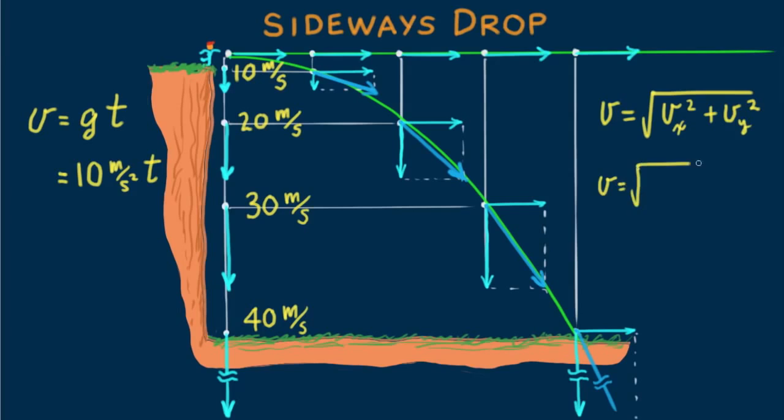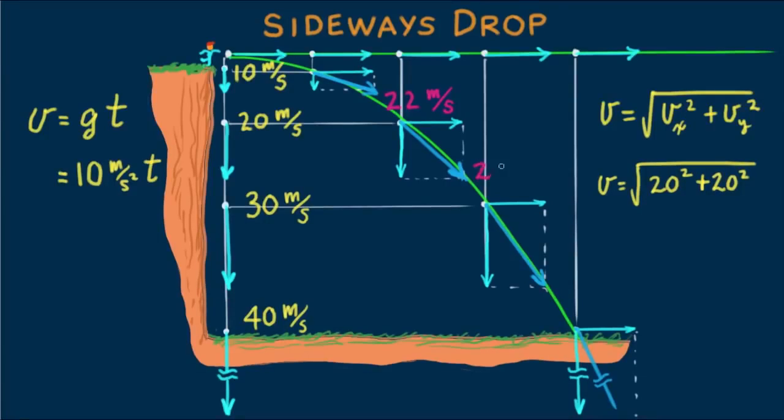We'll call the horizontal direction x and the vertical direction y. How much is the velocity at the 1 second position? It's the square root of 20 squared plus 10 squared. Your calculator will show you it's about 22 meters per second. How much at the 2 second position? About 28 meters per second.